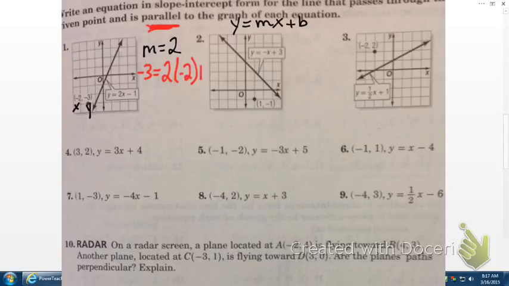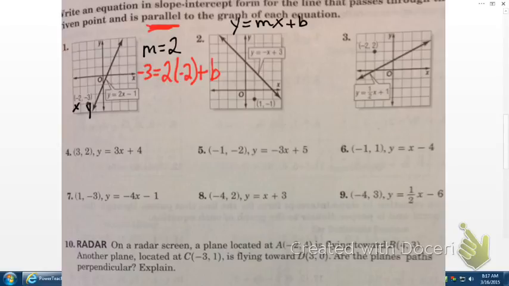And we're going to solve for b. Does everybody see how I set that up? I used that x and y point, and I used the slope, which I know is going to be the exact same because we're talking about parallel lines, and I just plugged it into my slope-intercept form.